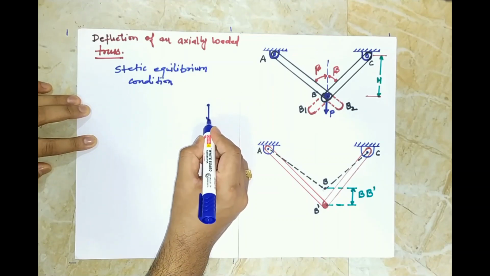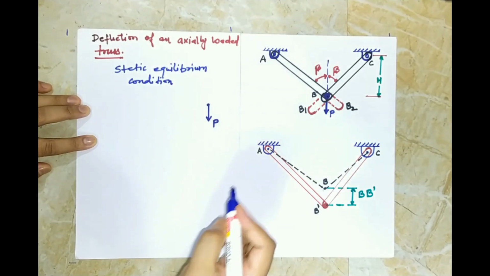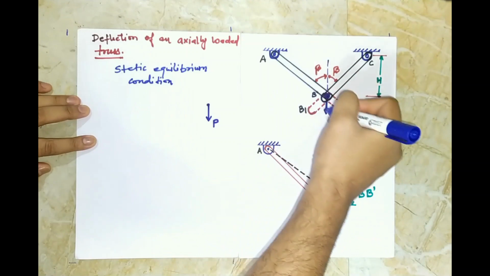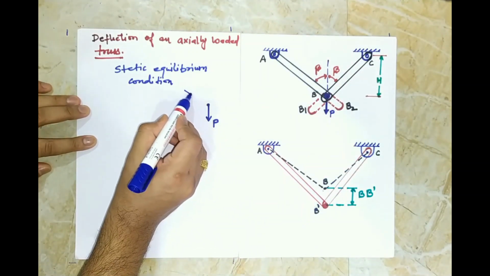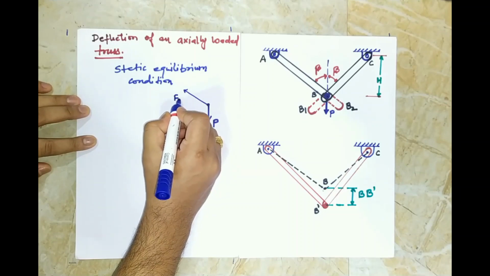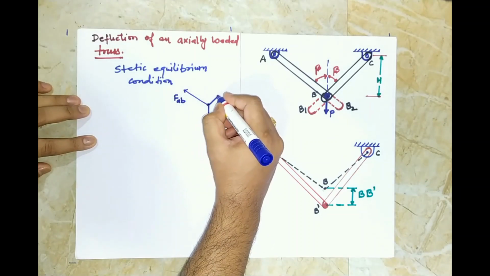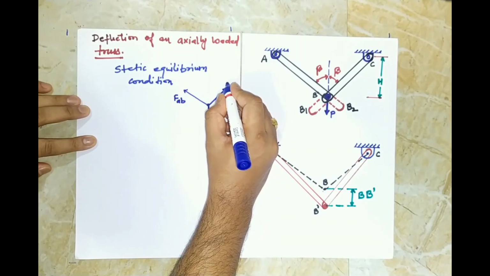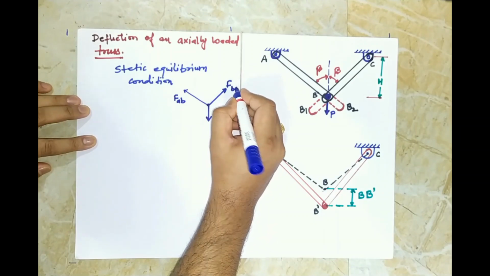Here a load P is applied, and tensile forces in these two members will be FAB and FBC.